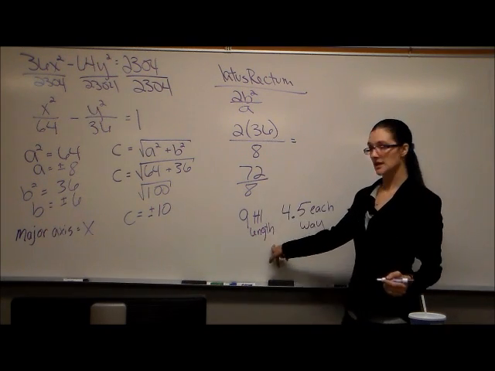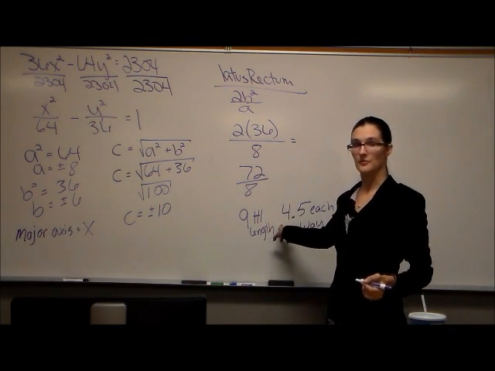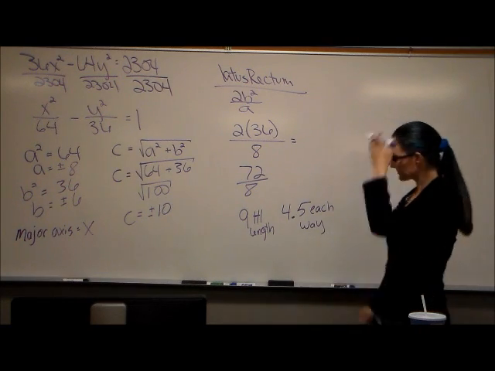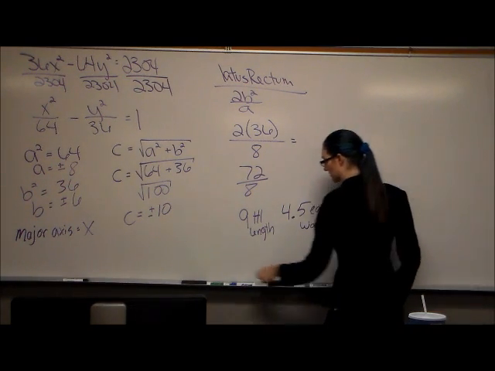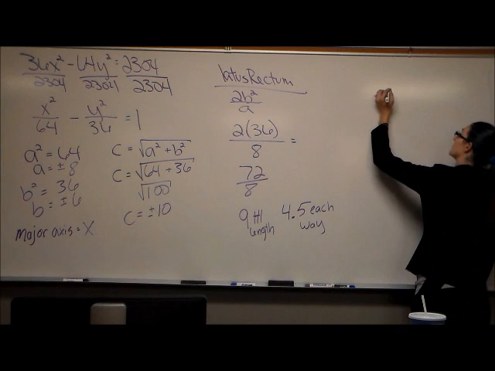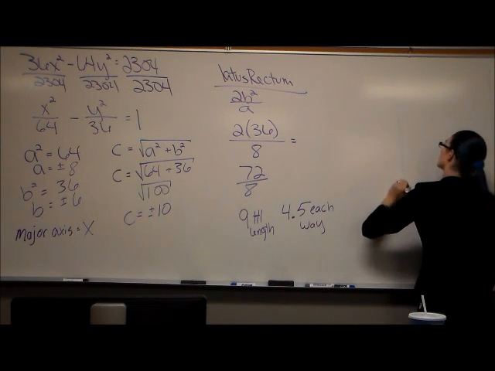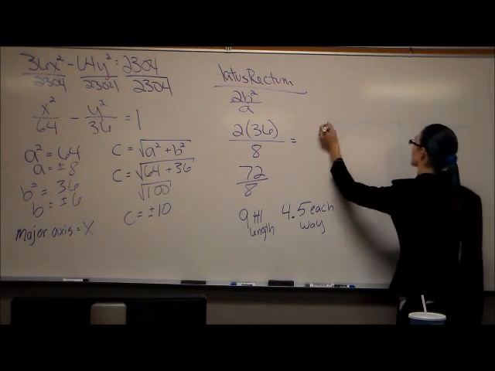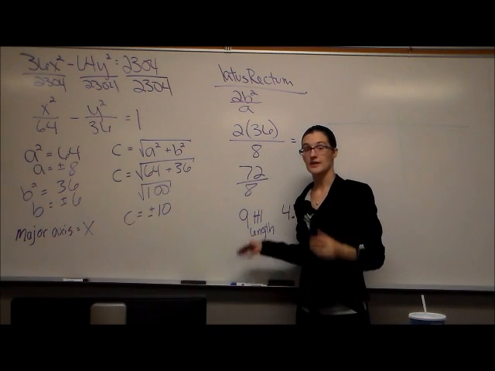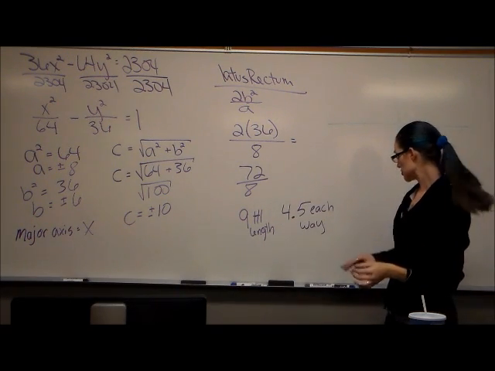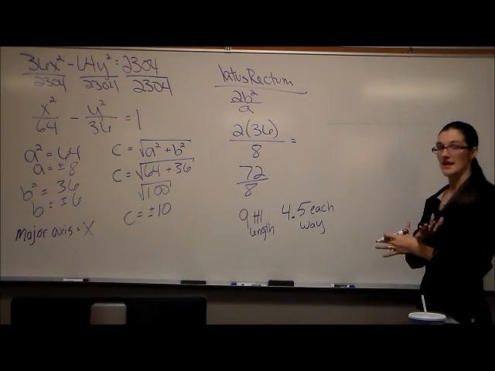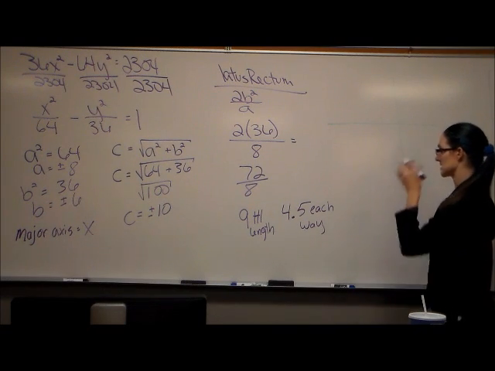So 9 total length, 4.5 each way. 4.5 up, 4.5 down. So on your graph, do the best you can to make your graphs perfectly square, perfectly straight. Just having those diagonals off a little bit can really mess with us.